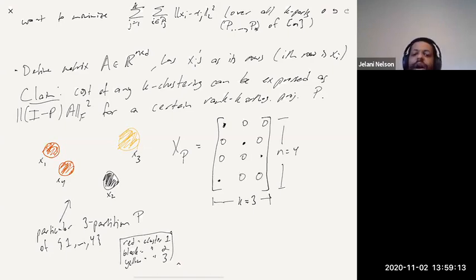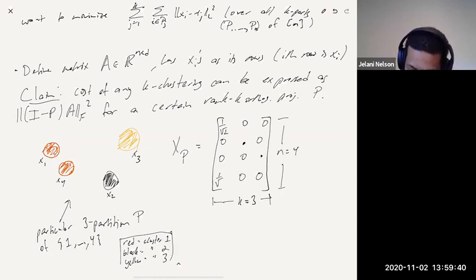Okay. Now, how do I fill in the non-zeros? I'll just fill them in so that the columns are orthonormal. Basically, if I pick a particular column, I'll set each non-zero entry there to be 1 divided by the square root of the partition size. So in other words, these 2 things here, there are 2 of them, so I'll make each one of them be 1 over square root 2.